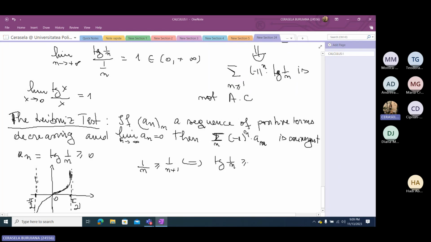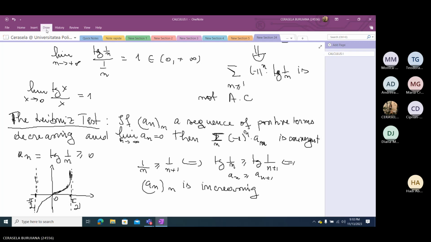So the tangent of 1 over n is greater than or equal to the tangent of 1 over n plus 1, which means that a_n will be increasing or decreasing? Well, I have a_n greater or equal than a_(n+1), so it is decreasing. Yeah, my mistake, you said well. It's decreasing.